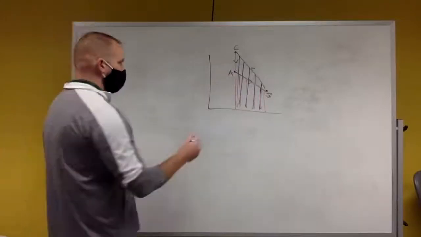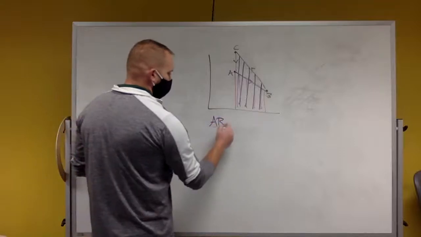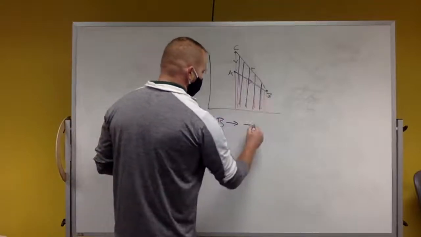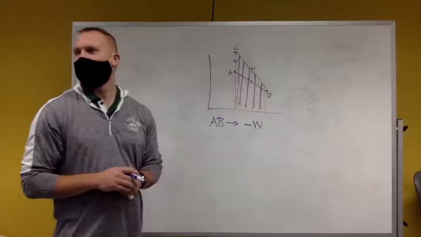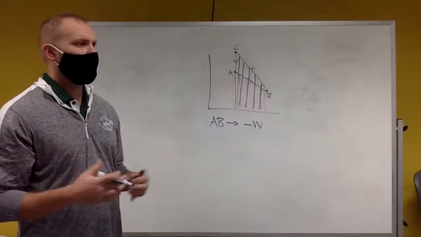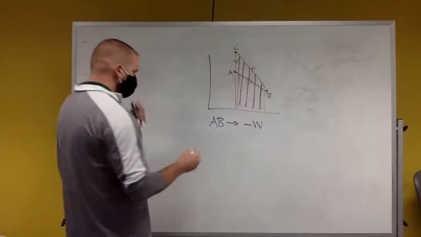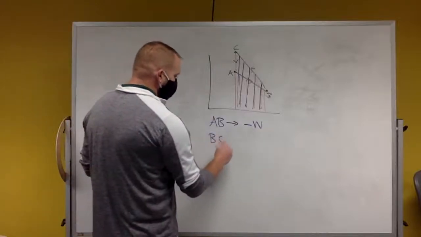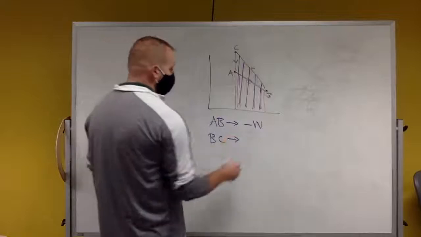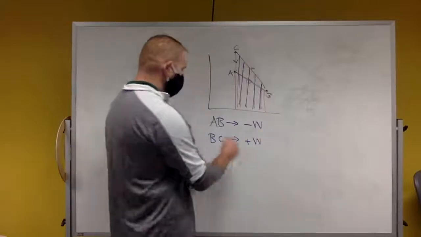And then from C to A, is there any work done? No. So from A to B, that is negative work. My volume expands. Work done by the gas. It's losing energy. B to C, because my volume is getting smaller, that's positive work. Which one is bigger?